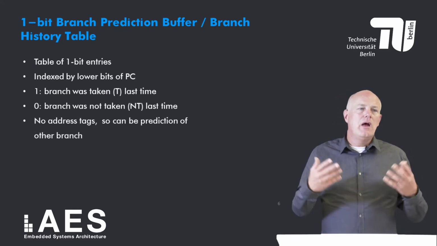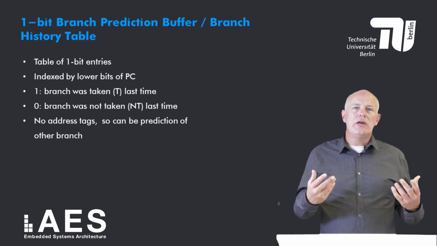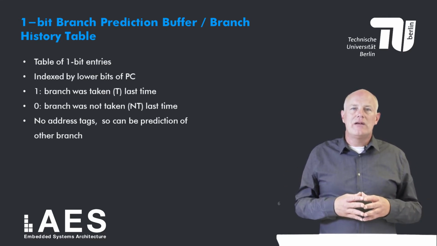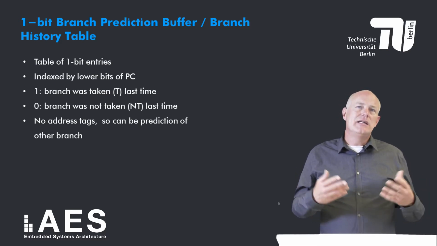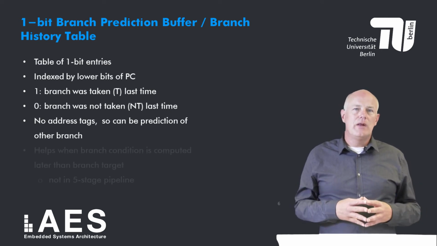The table is very much like a cache, but it has no tags. So a certain entry can contain the prediction for another branch than the branch we want to predict. Although this reduces performance, for correctness it does not matter, since when the branch is executed, it is checked if the prediction was correct.